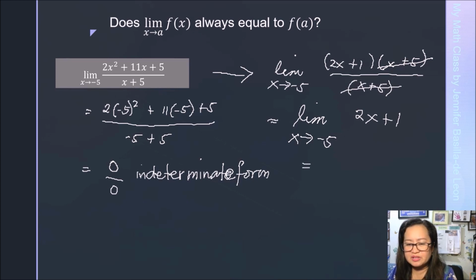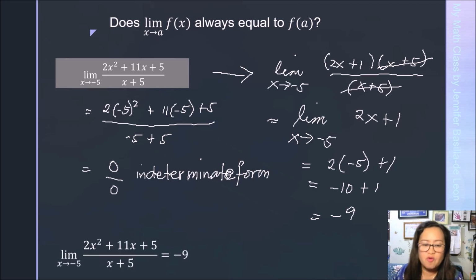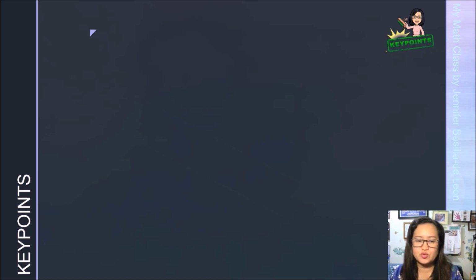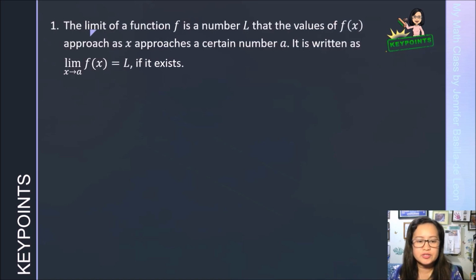Evaluating 2x plus 1 at x equals negative 5, we arrive at 2 times negative 5 plus 1, which is negative 10 plus 1, so we have negative 9. Therefore, the limit of 2x squared plus 11x plus 5 all over x plus 5 as x approaches negative 5 is negative 9.